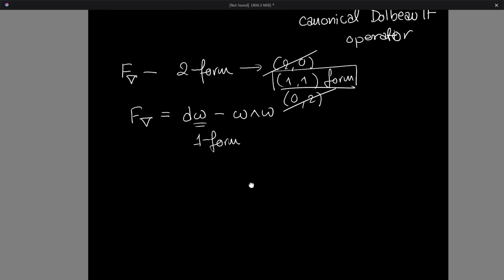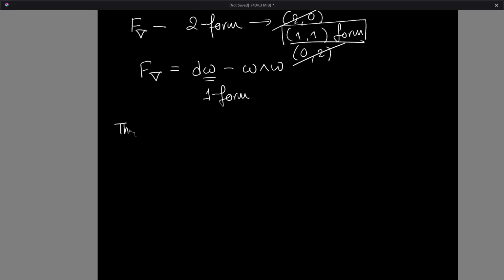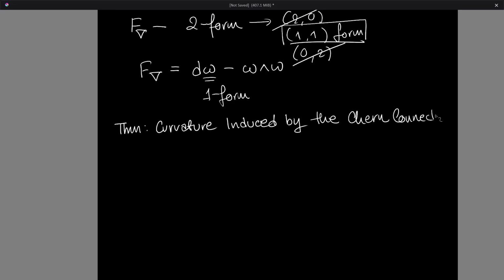And so we should prove this theorem. The curvature induced by the Chern connection is a 1,1 form.